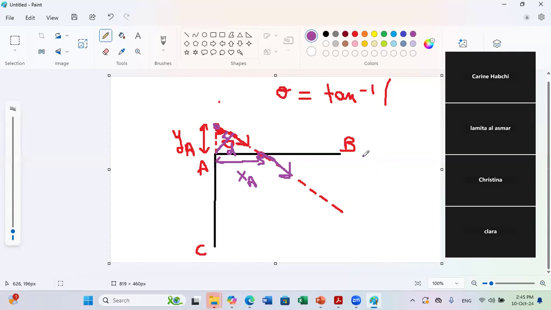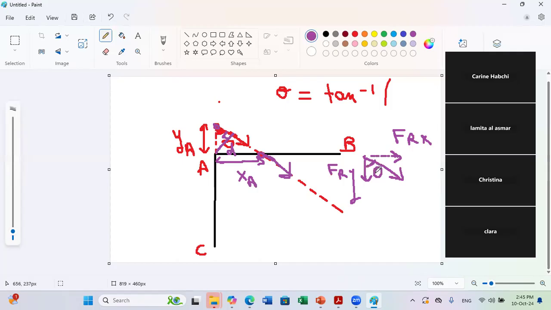You know that this is the line of F, and F is decomposed into two components, FRX and FRY. Because you know the components FRX and FRY, you are able to calculate the angle of your line.